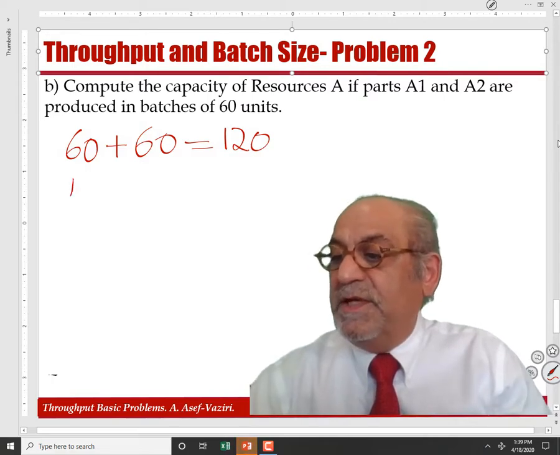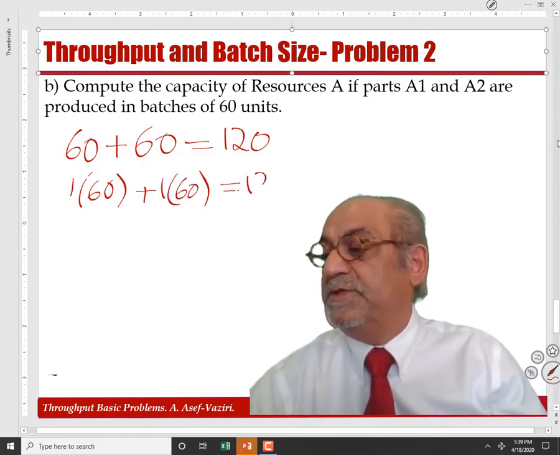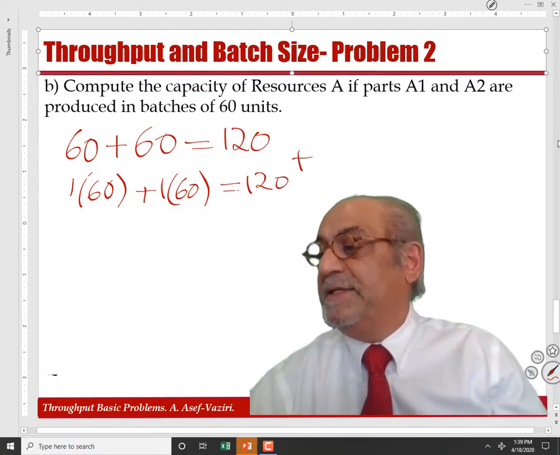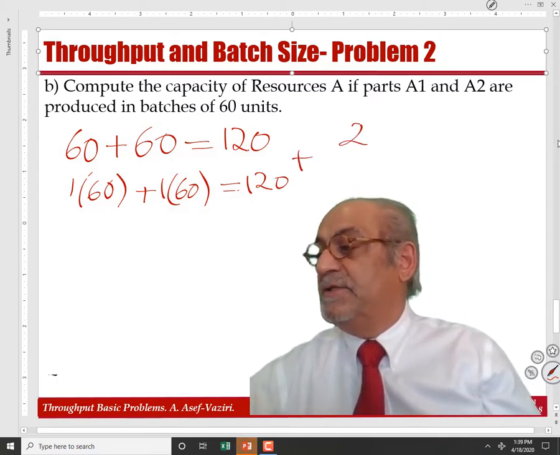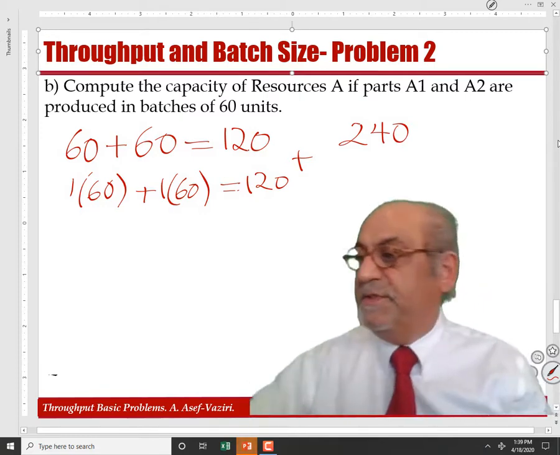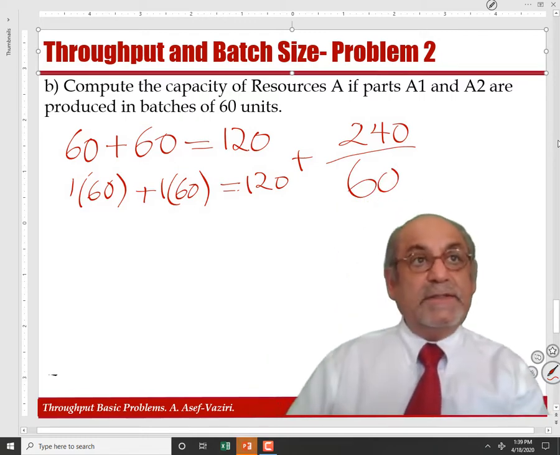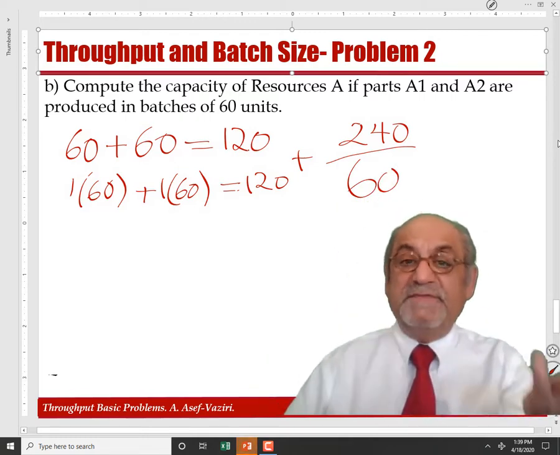Production time is 1 minute for each of the 60 units, plus 1 minute for each of the 60 units, and that is 120. If we add these two together, that is 240 minutes for production of 60 units.